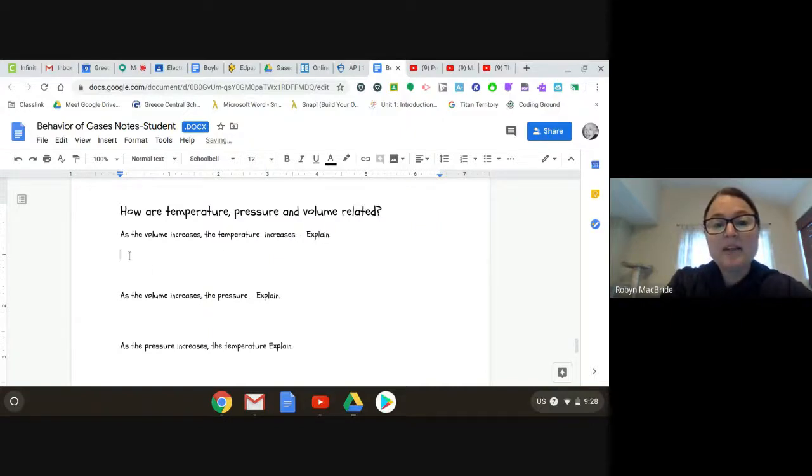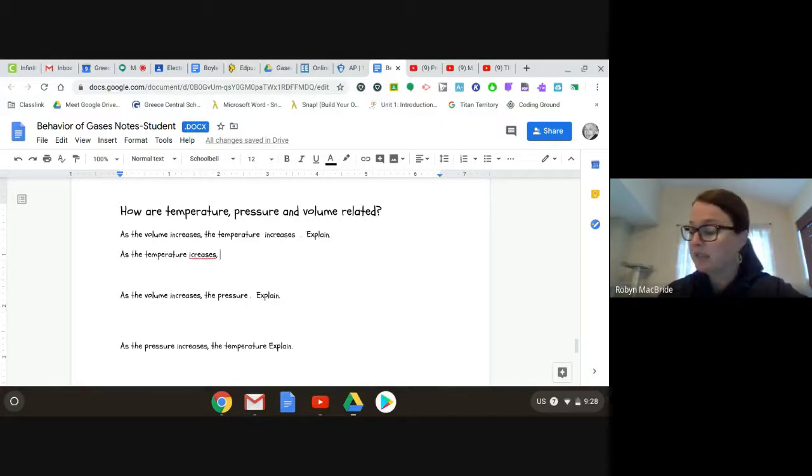Again, the reason for this is as the temperature increases, see how my typing is while I'm talking. As the temperature increases, the molecules have more energy.